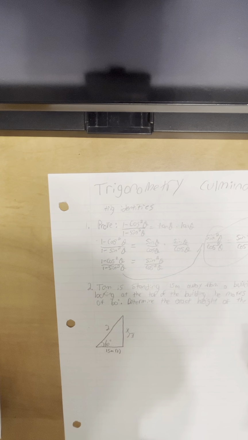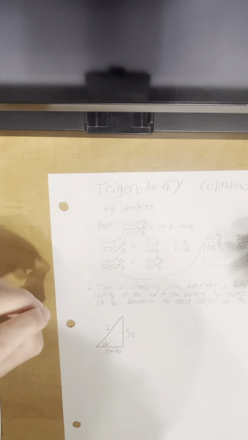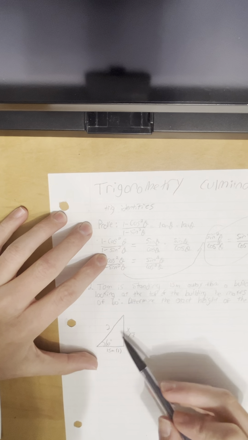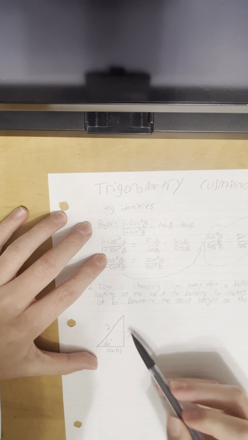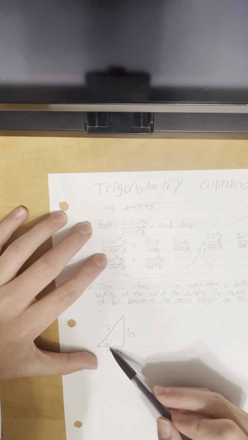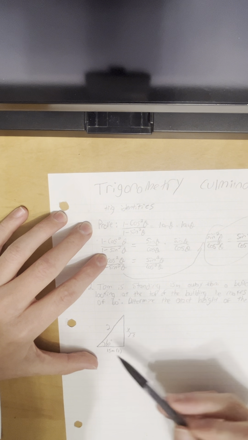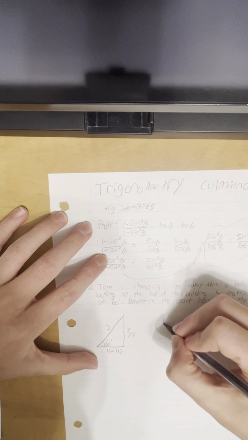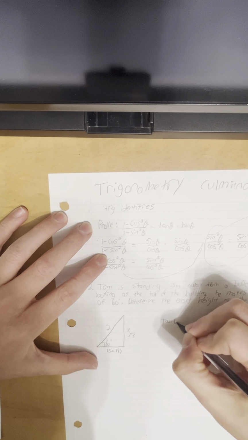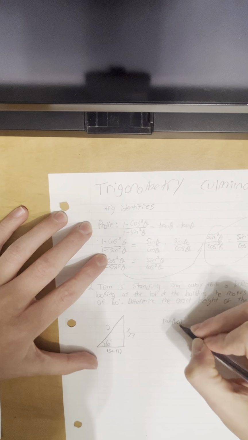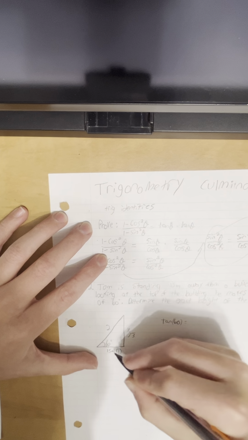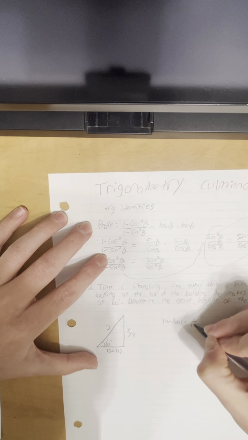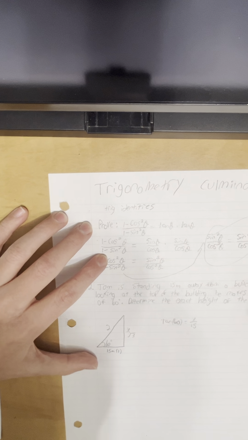So there's our special triangle right there. Now we want to get this side, so we use opposite over adjacent, because we have this side. That'll give us tan 60 is equal to x over 15, because opposite over adjacent.